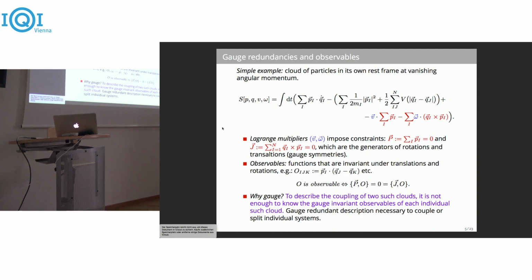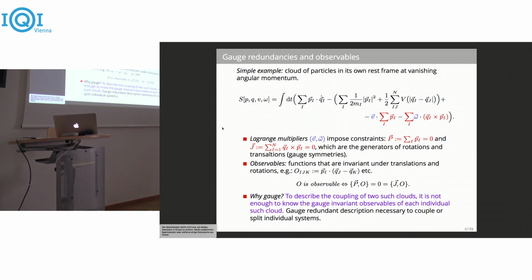And now you already get an idea why such gauge symmetries have to do with how systems couple together, because if you consider two such clouds that are initially very far separated, such that the interaction can be neglected between them, and then you bring them together, then it's clear that the coupled system under this action is not coupled by writing it in terms of gauge invariant observables of each individual system, but rather of gauge invariant variables of the entire coupled system.